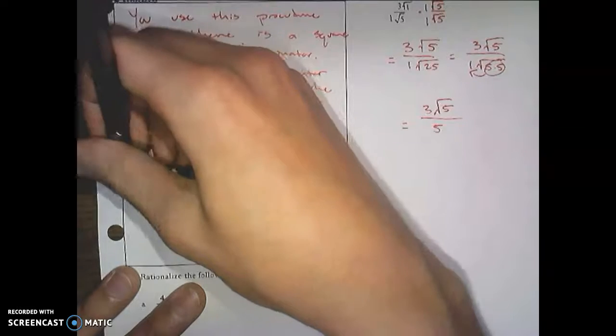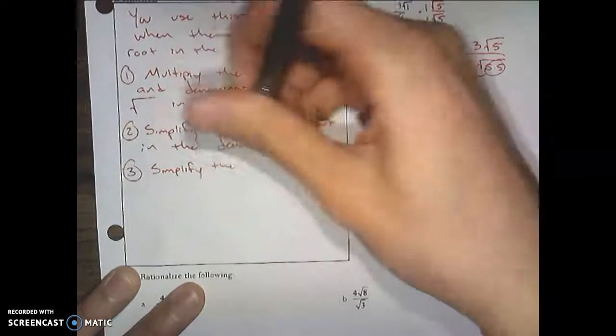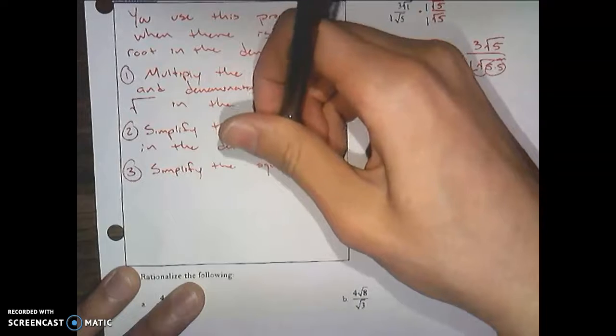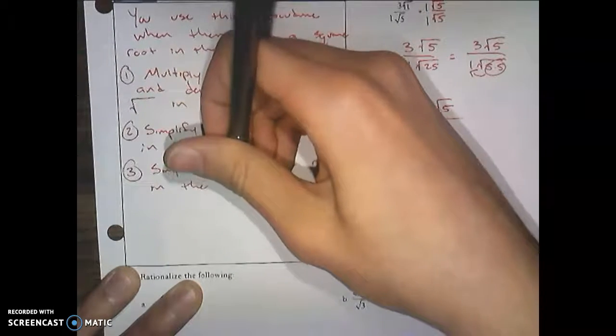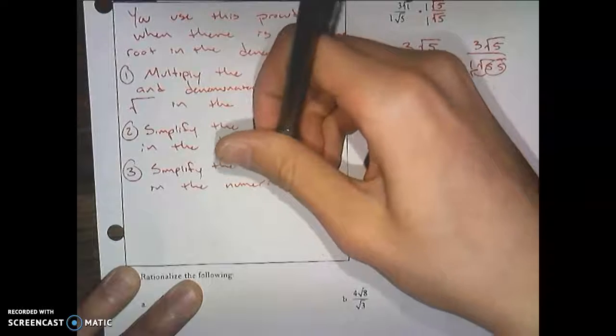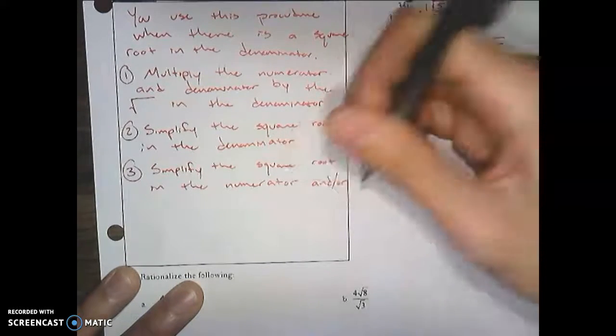Our last step, step 3, is to simplify the square root in the numerator and/or reduce the fraction.